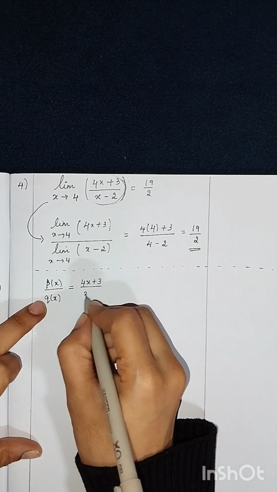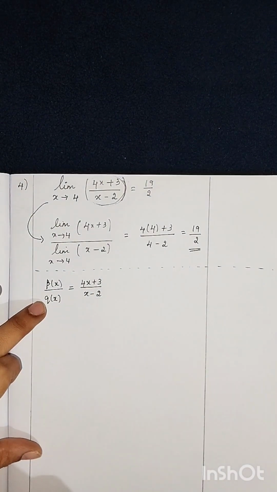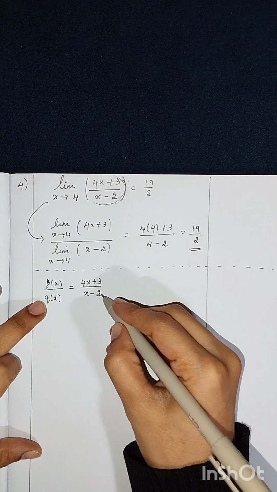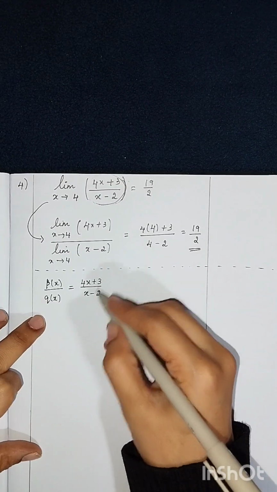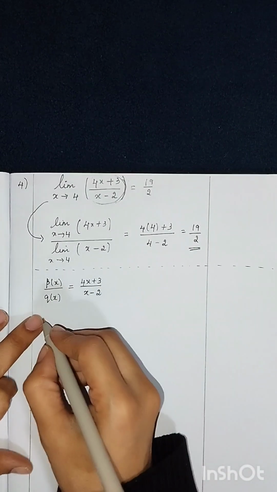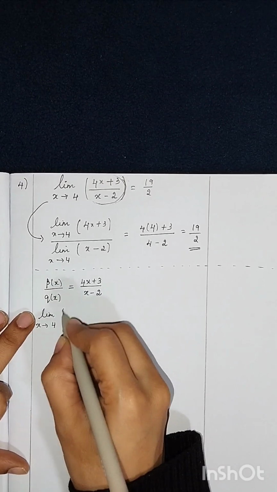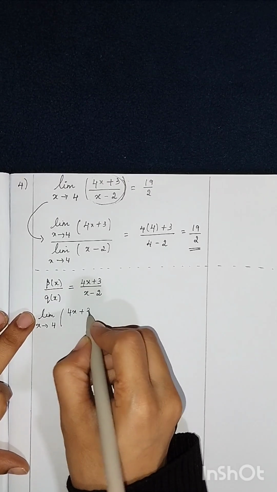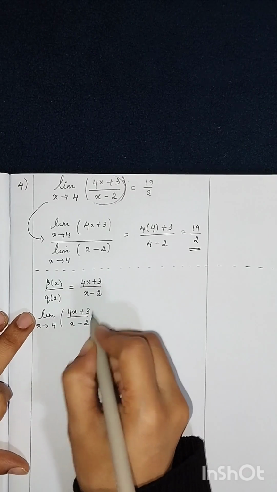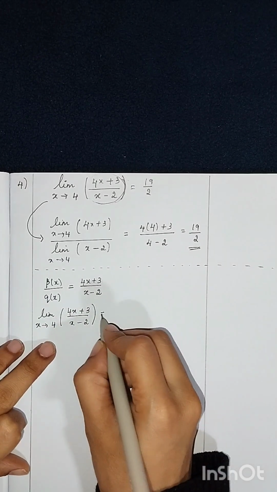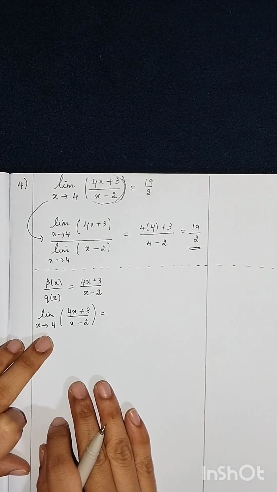In the denominator the function is x minus 2. So p of x by q of x. Now we want to solve the limit value for this. When the input approaches 4, what is the value of the function? This is what we have to solve.